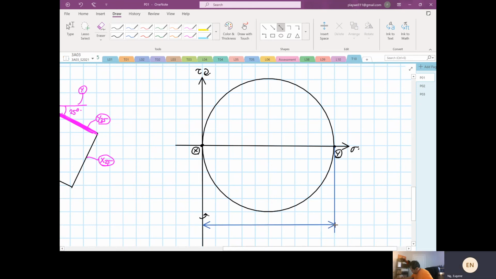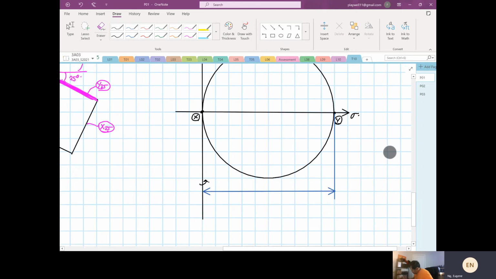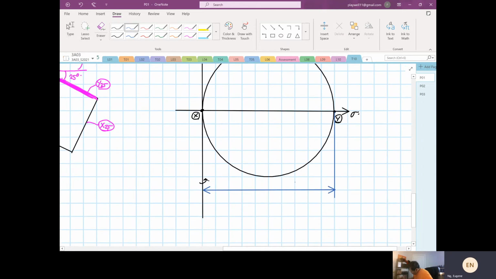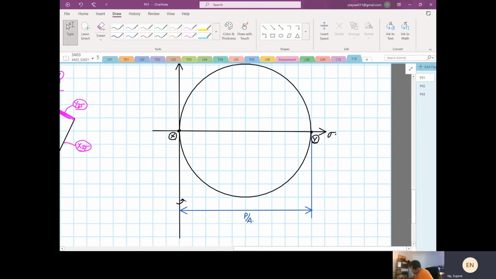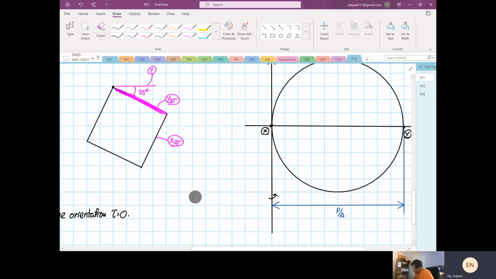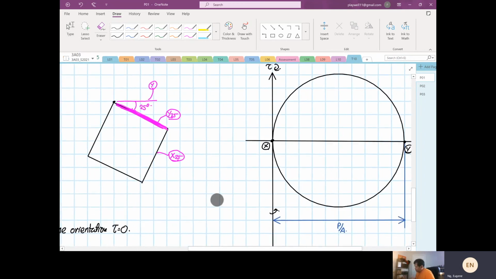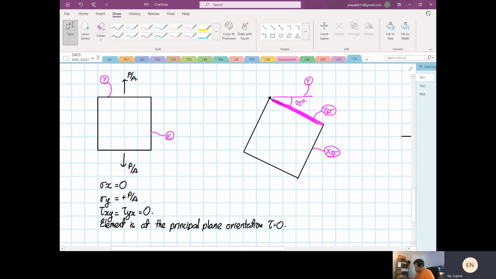This distance is P over A. Regardless, I think the most important thing of this problem is this: the average stress for both the element oriented at 0 degrees and at 25 degrees are the same.